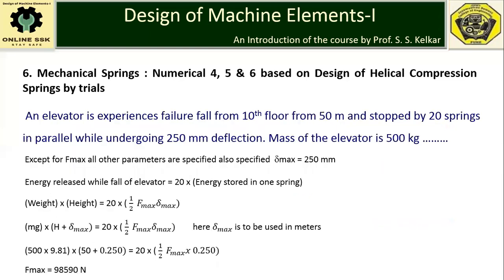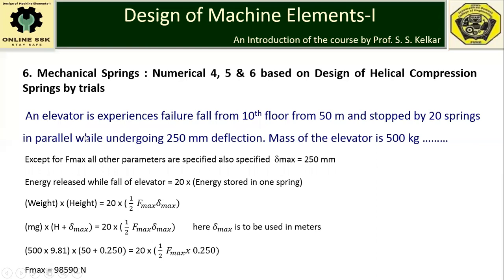Now here is another numerical, number 5, wherein an elevator is specified. It experiences a failure fall from the 10th floor, that is from 50 meters height. The elevator falls from 50 meters, and when it reaches the ground floor, it is stopped by 20 springs in parallel.